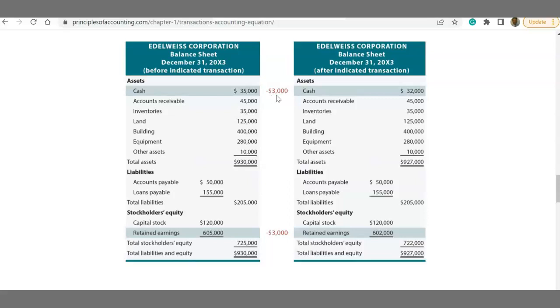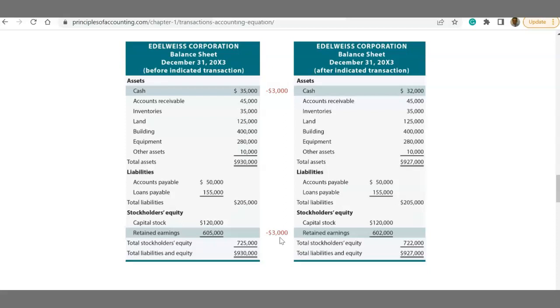We credit cash to push the cash down, and record the expense, let's say rent expense or utility expense. Eventually, the expense will reduce your net income. Agreed? So when you spend $3,000, not only does your cash go down, but eventually your retained earnings go down also.